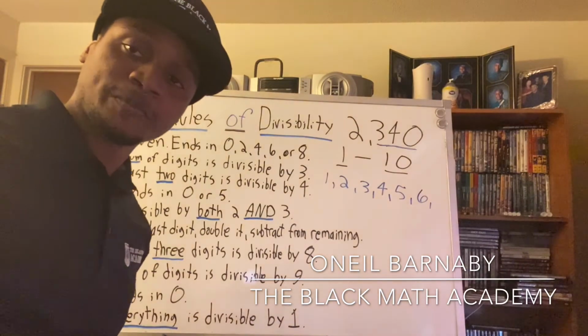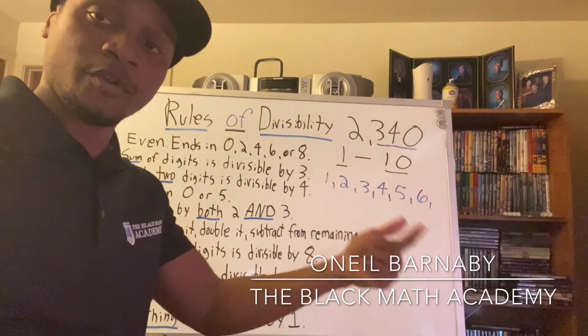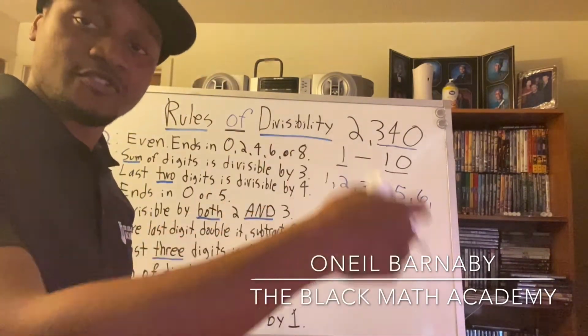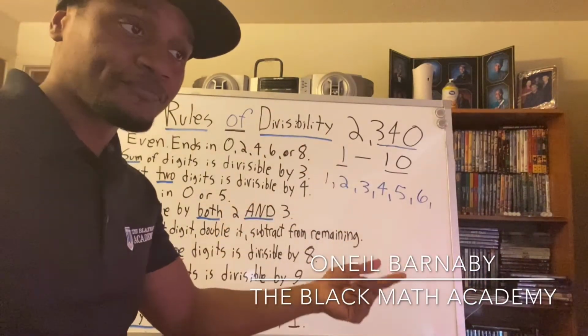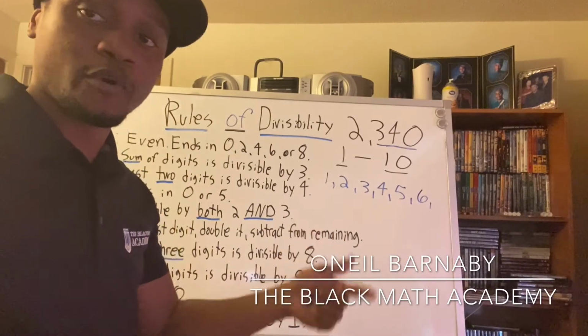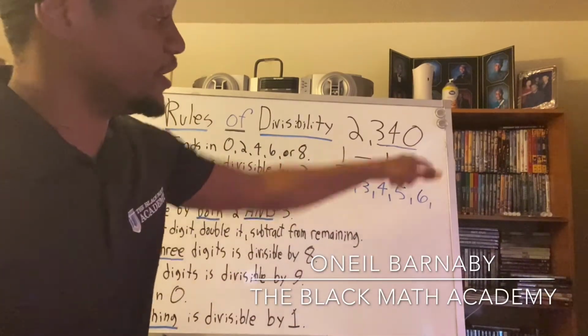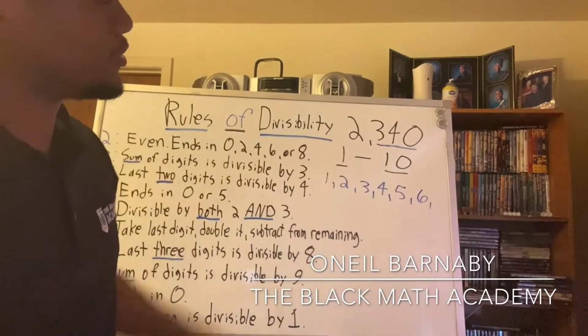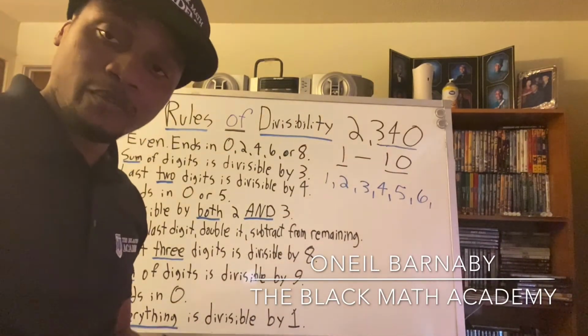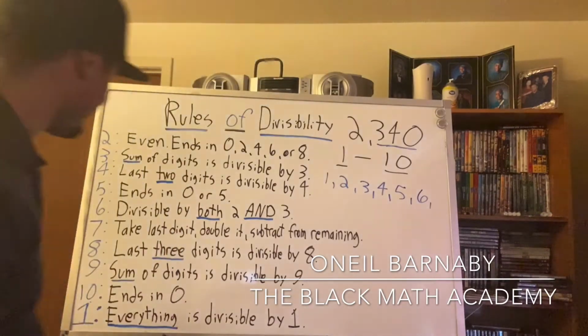What we know about multiples is that if you keep adding a number over and over again to itself, those answers are also multiples of the original number. So since we added 20, and 20 is not a multiple of 8, it couldn't have been a multiple of 8 to begin with. So 8 is not a value that can go into 2,340. Therefore, we won't add it to our list.